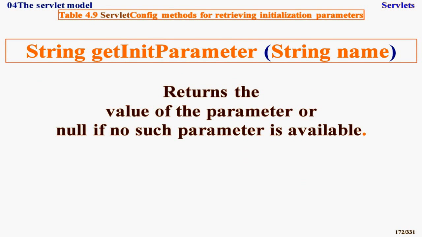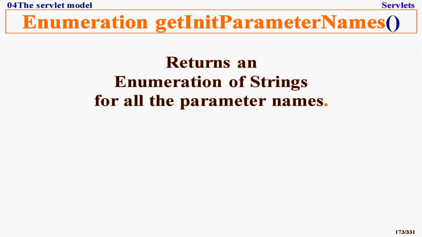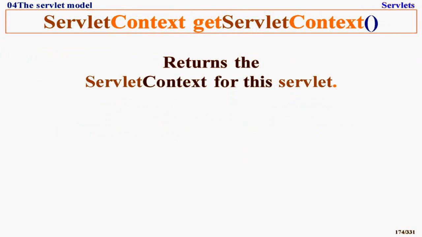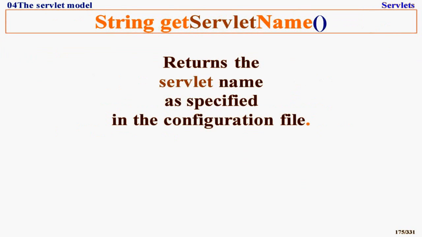String getInitParameter(String name) returns the value of the parameter or null if no such parameter is available. Enumeration getInitParameterNames() returns an enumeration of strings for all the parameter names. ServletContext getServletContext() returns the servlet context for the servlet. String getServletName() returns the servlet name as specified in the configuration file.